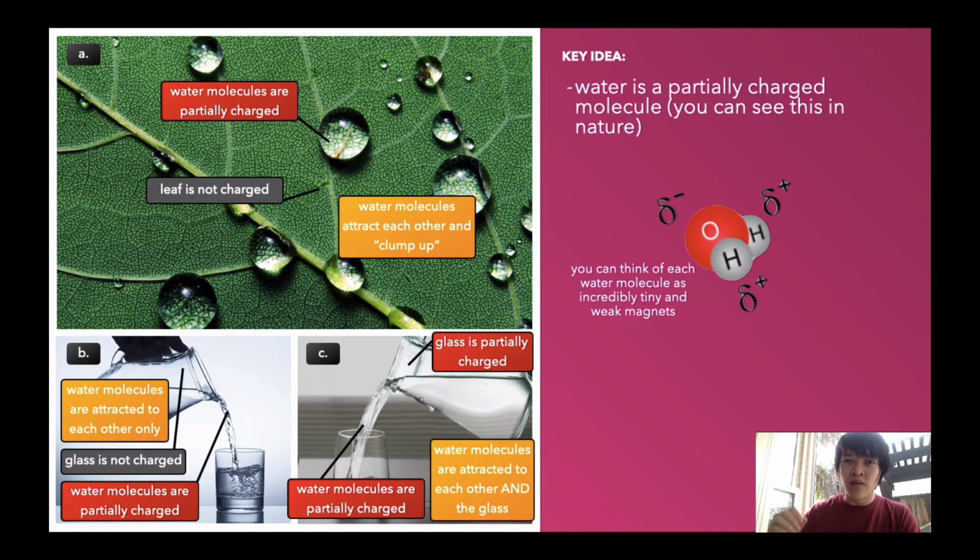So when you try to pour water out of the spout of this type of pitcher, the water will be attracted to the glass as it's pouring out, and it will cause the water to roll down the side of the pitcher. Okay, that's how it works. In any case, the key idea here is that water molecules have a charge to them.